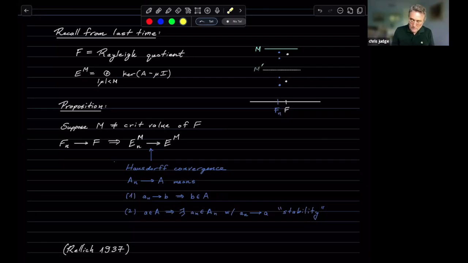In general, the issue is more about stability. If you start with a critical point in your limit, can you find a sequence in A_N which converges to that? That's more about stability.